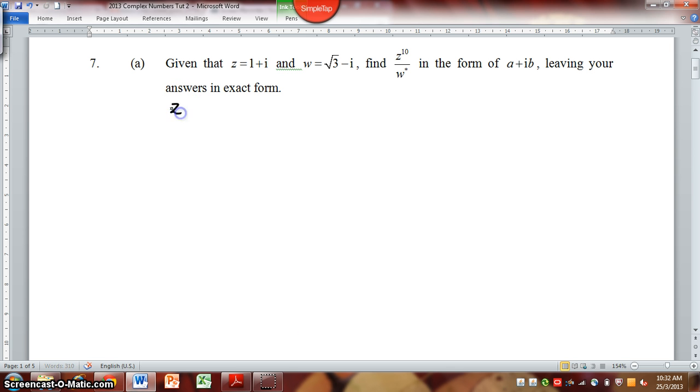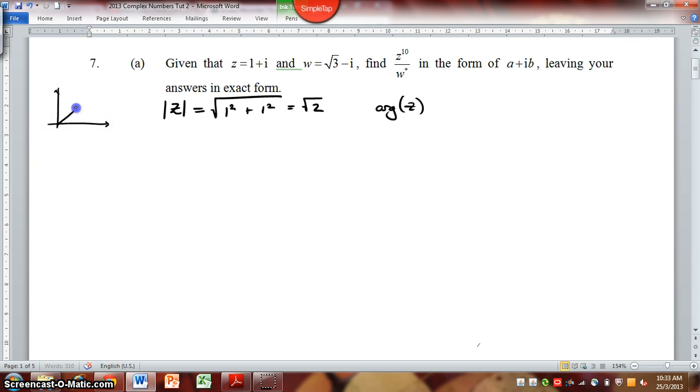So to do that, I need to firstly work out what is the modulus of z and what is the argument of z. So modulus of z isn't too bad. We just take the square root of the square of the real and imaginary part, so 1 squared plus 1 squared. That gives us square root 2. And what about the argument of z? Well, to work out the argument, it always is a good idea to take a quick look at the Argand diagram.